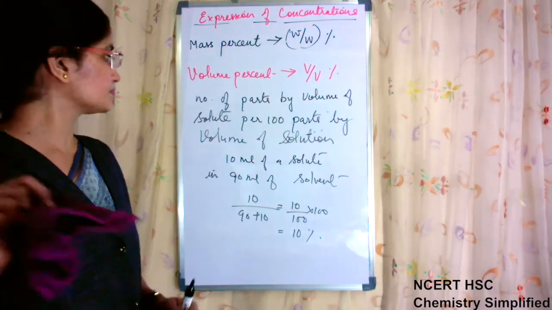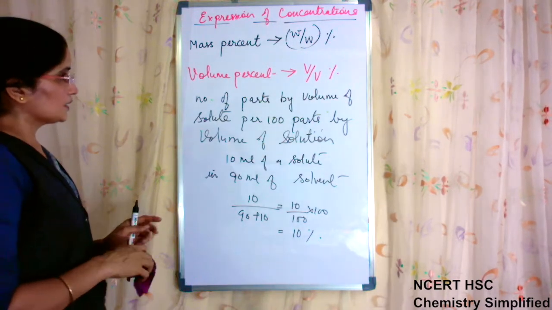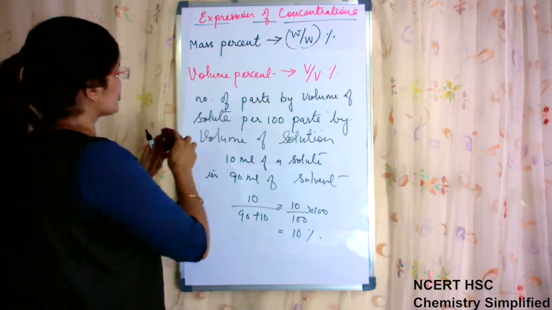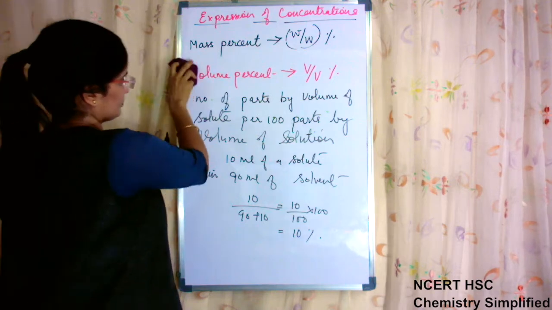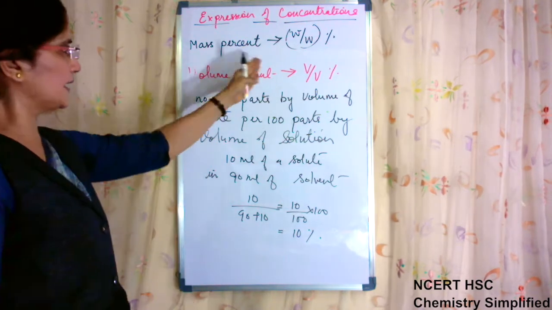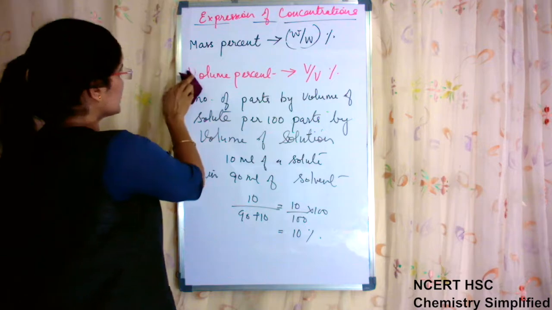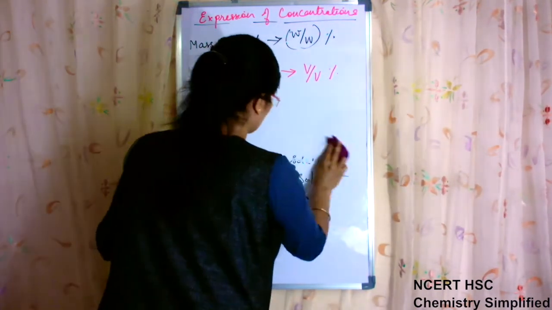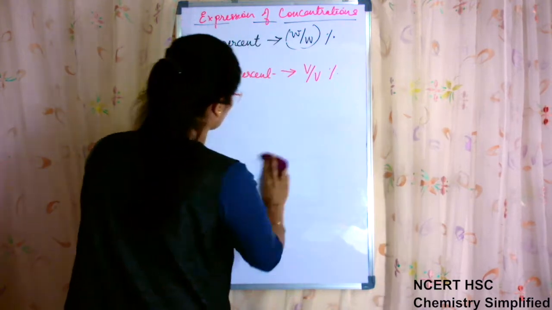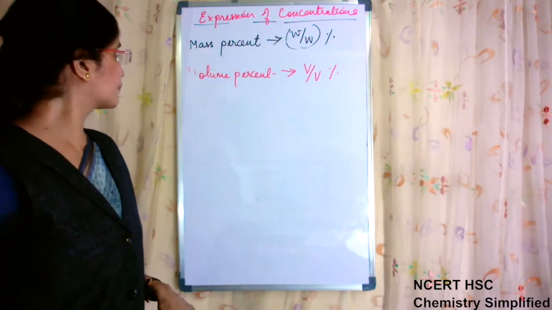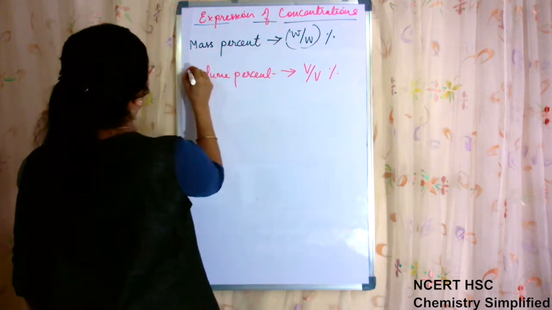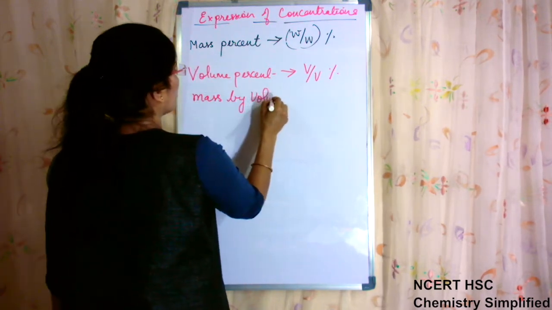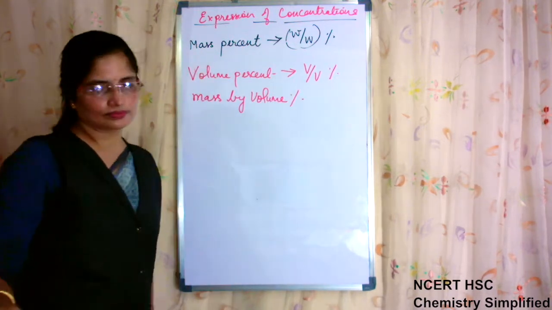Okay. The third case is a little confusing and it has to be changed. Okay, this is volume by volume just like W by W. Now the third is mass by volume percent.